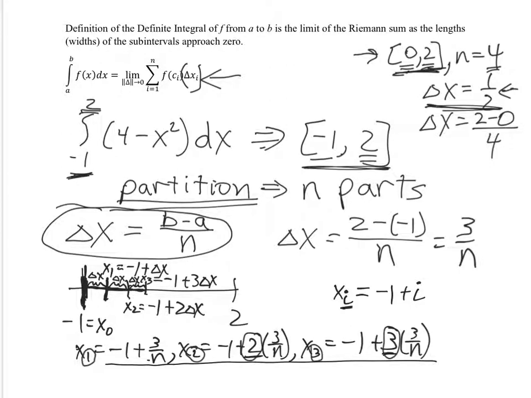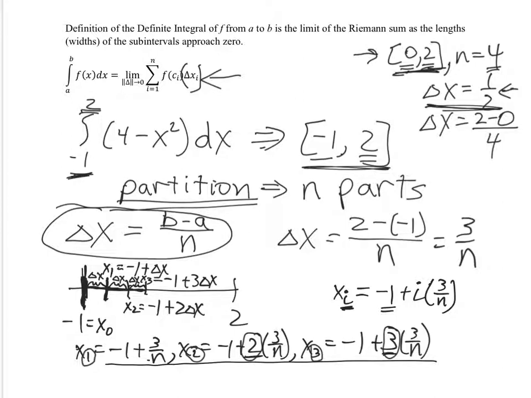It's going to be the I value, whatever x sub I part we're at, times the delta x. And let's even back up a little further. Here we're saying negative 1 plus I times the 3 over n.